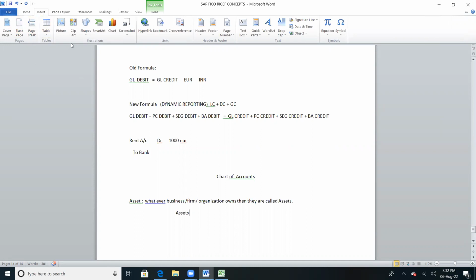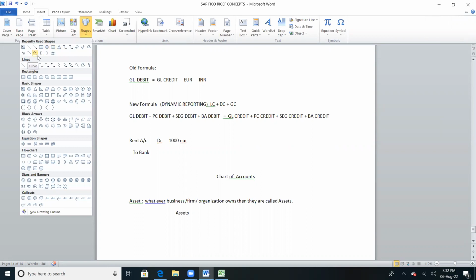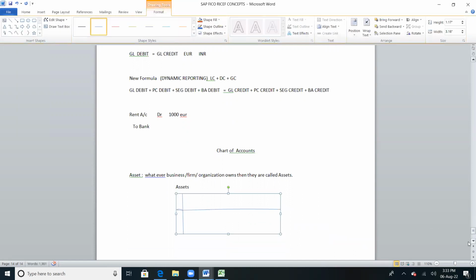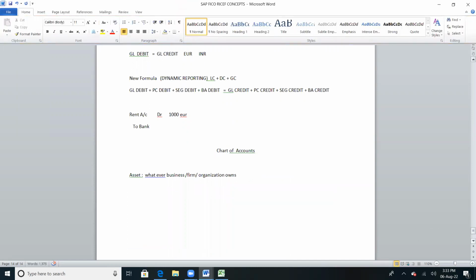Assets are broadly classified into two types.